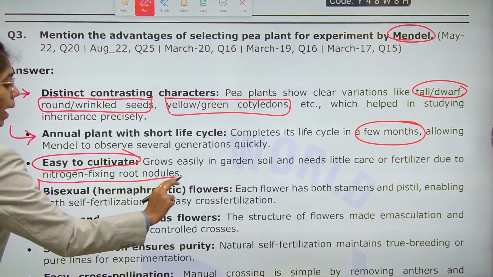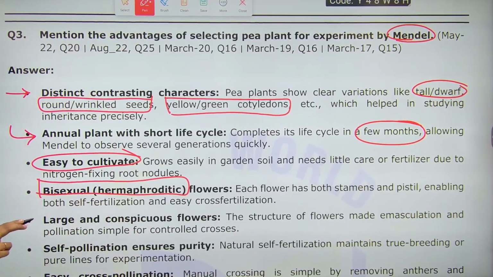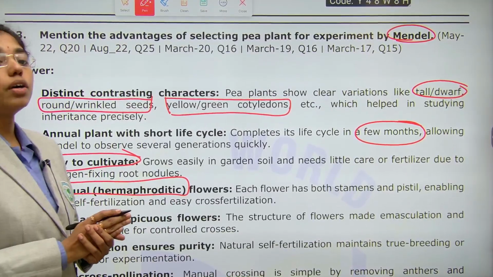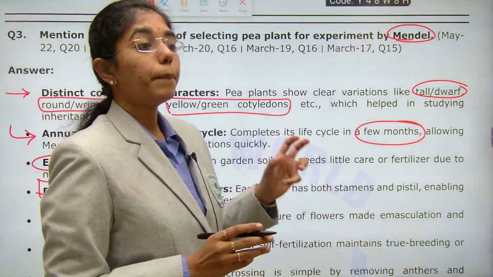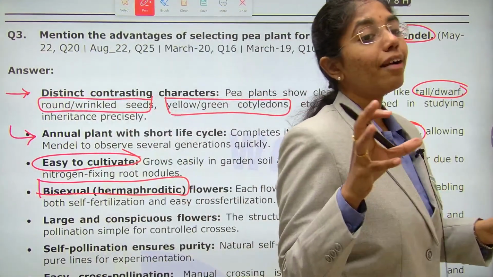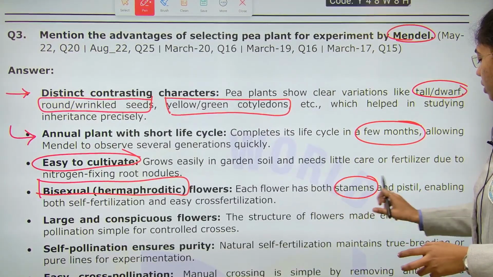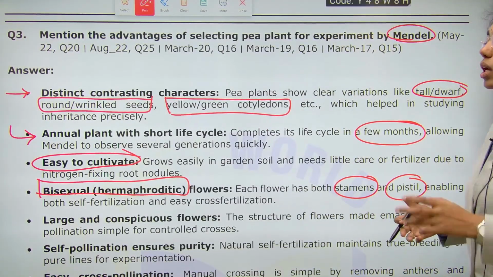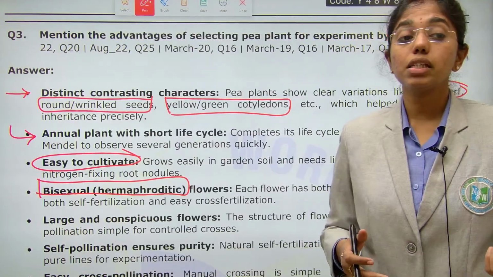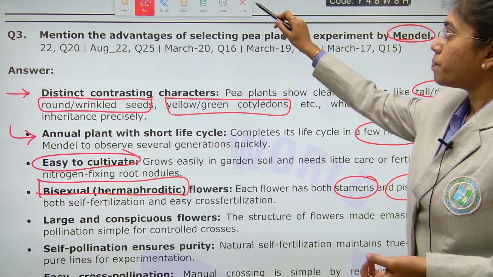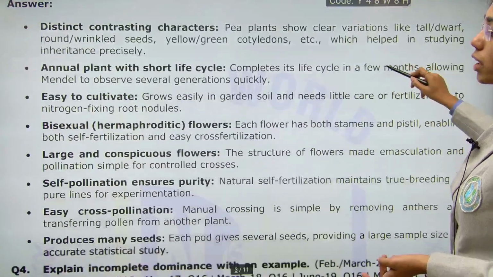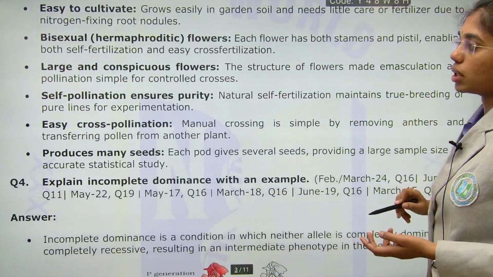Next is bisexual flowers. Each flower has both male reproductive structures and female reproductive structures, both stamens and pistil, allowing both self-fertilization and easy cross-fertilization. Next, large and conspicuous flowers are present in the pea plant.